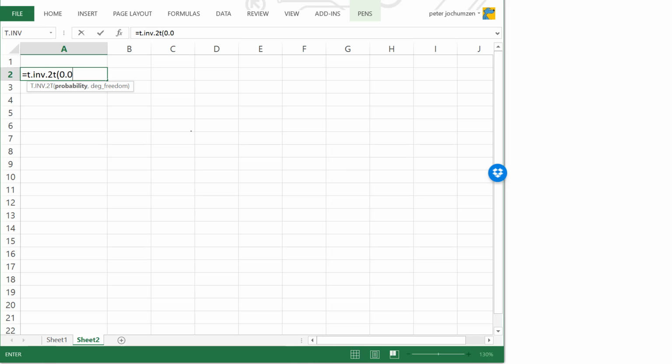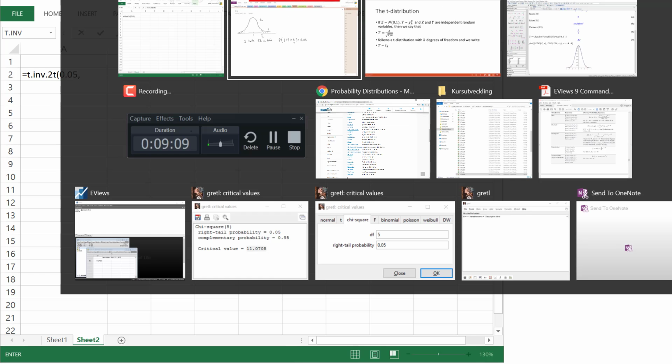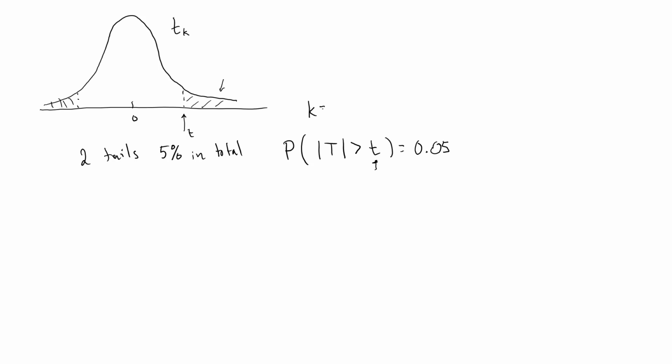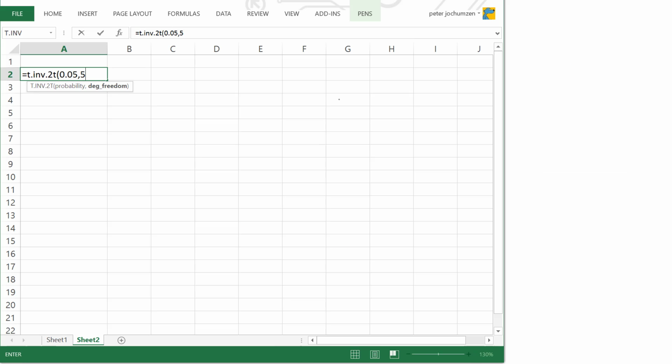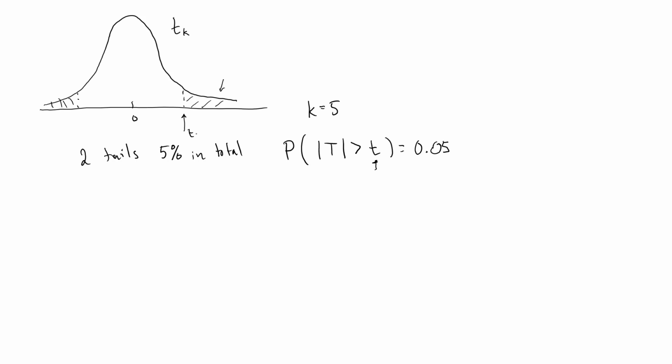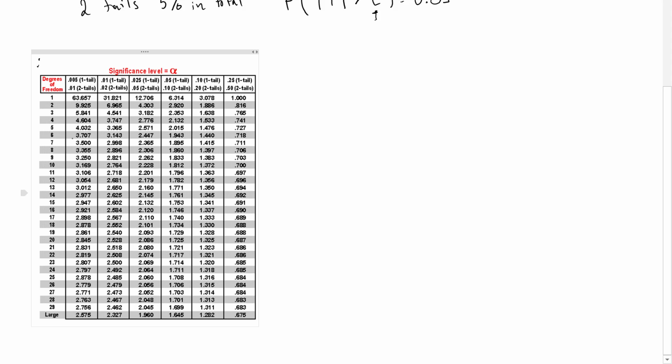Then I do the probability 5%, and I do my degrees of freedom, which I think I forgot to specify. So let's say that k is 5, for example. So I do that 5, and that will give me the t value, which is 2.57. Then this is of course just minus 2.57 because it's symmetric.